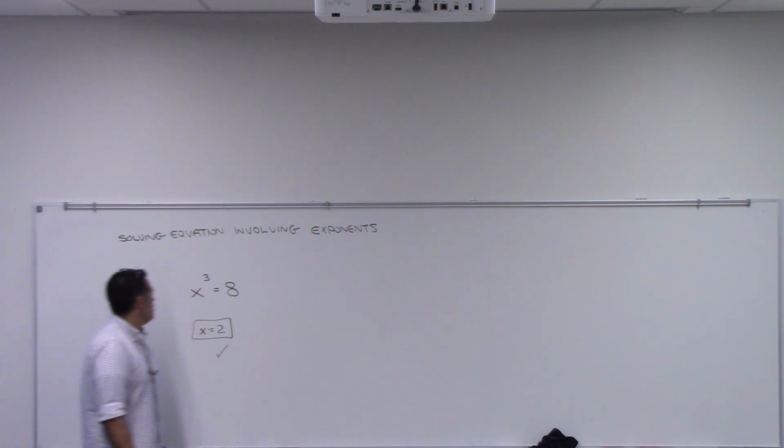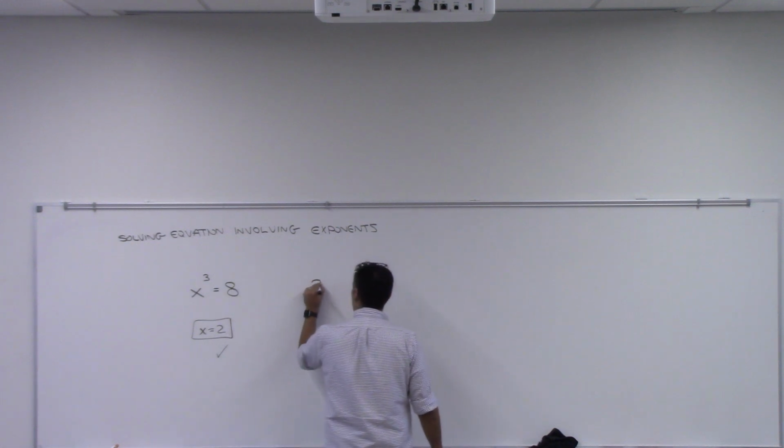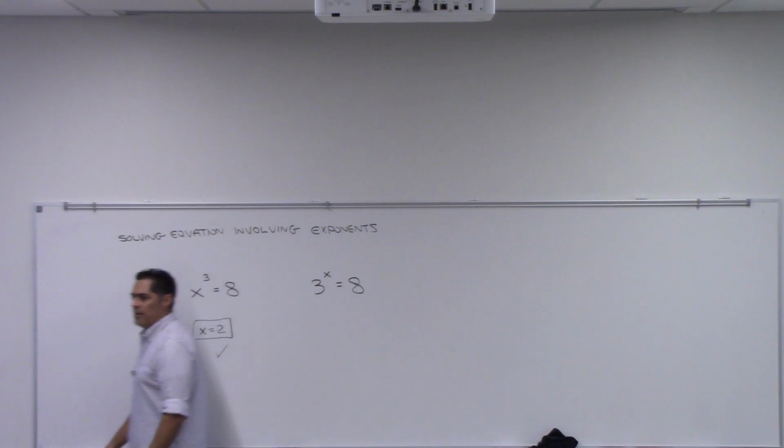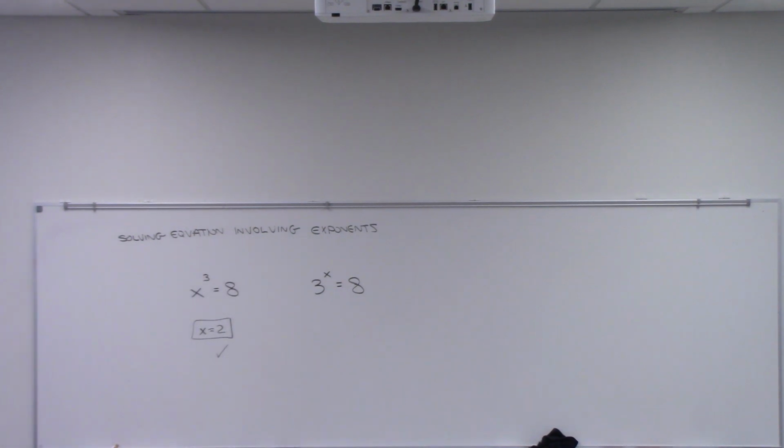But how about if I change it? And instead of giving you that, I give you this. That's different, right? Where's the variable that I'm asking you to solve for? It's in the exponent, right? Well, not easy, is it?